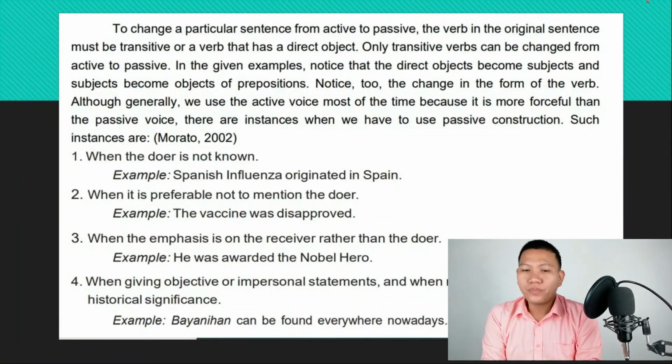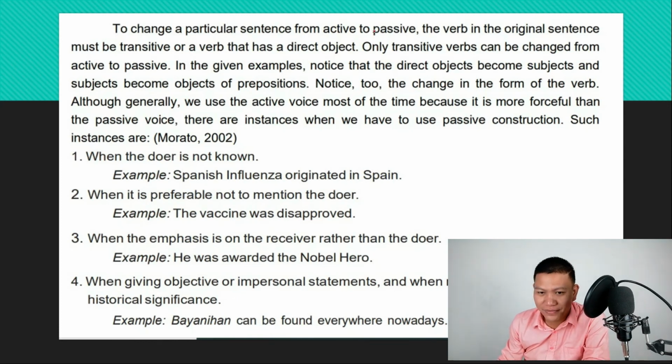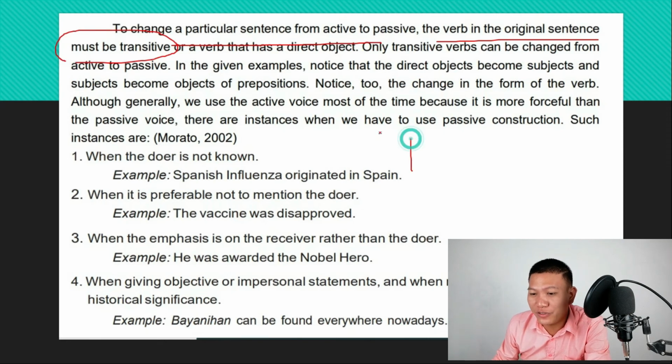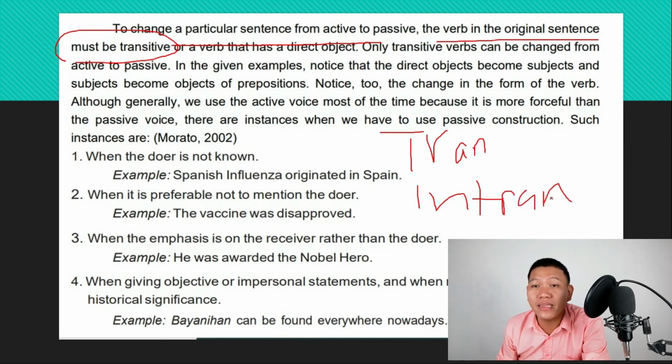Remember, to change a particular sentence from active to passive, okay, the verb in the original sentence must be transitive. So we have transitive and intransitive verbs. So when we say transitive, it's a verb that needs object to complete the thought of the sentence.